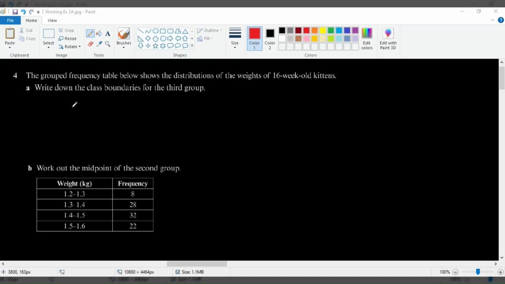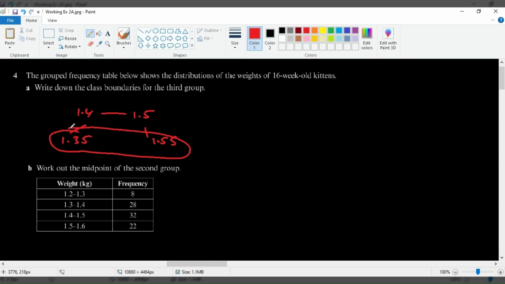Now, as you can see, starting at 1.4 and ending at 1.5. So this is going to be 1.35 and this is going to be 1.55.